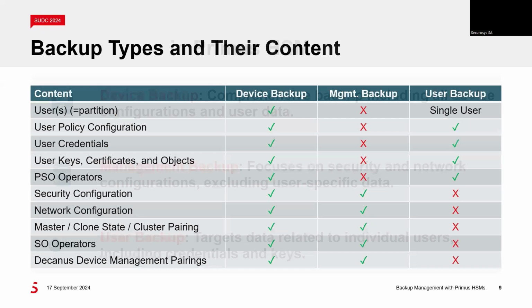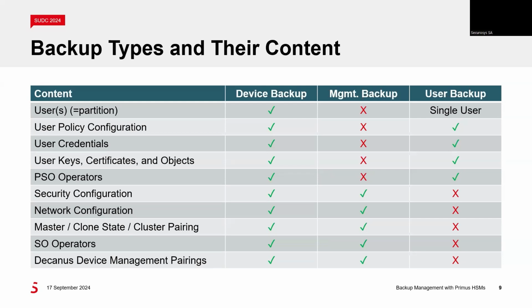So if you look at the table, what's included in the different backups: if you have a device backup, it's everything, all the user data, all the credentials, including security operators and even the pairings with the Dingelstad devices that are stored in a backup. The management backup excludes all the user data, user credentials, user key materials, and objects.